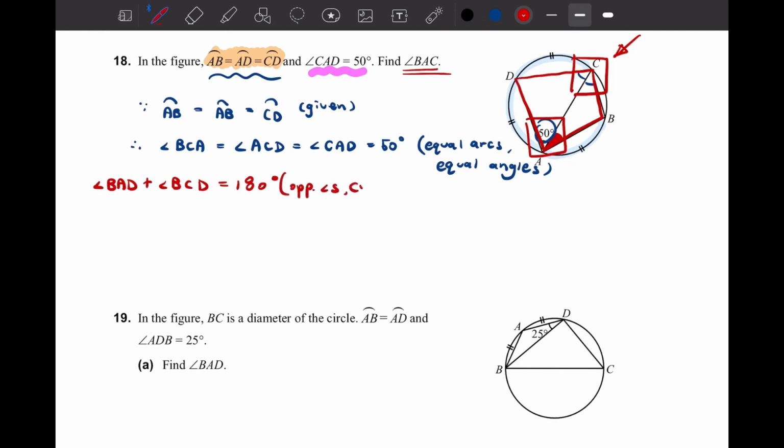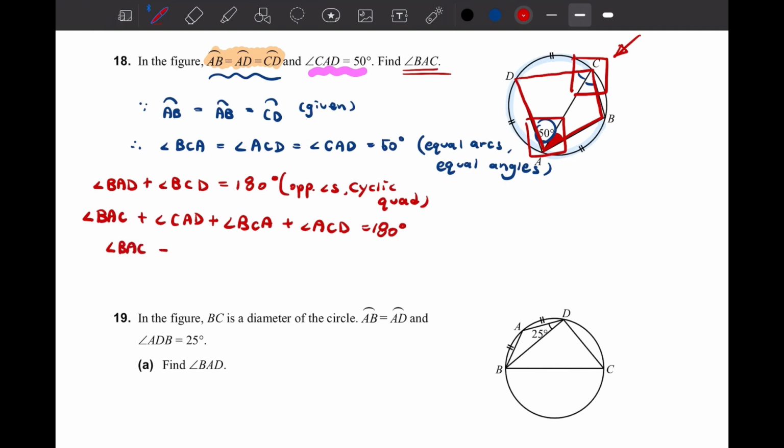Write down the reason. And then try to list out the angles that create angle BAD and BCD. You'll have angle BAC plus angle CAD plus angle BCA plus angle ACD equals 180.